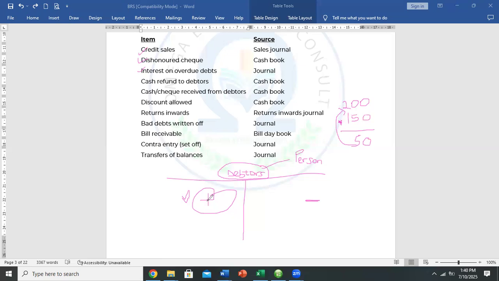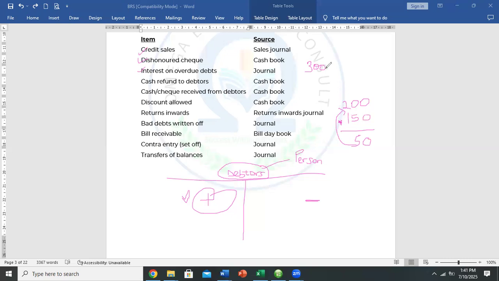But on the point of whether it increases or reduces the balance, let's assume your friend owes you 300 cedis and for that matter is your debtor. Then, due to some reasons, you refund 100 cedis to your customer. That would simply mean that his balance will go up, because you are giving him some free cash, because the person is owing you and he is supposed to pay, but you refunded.